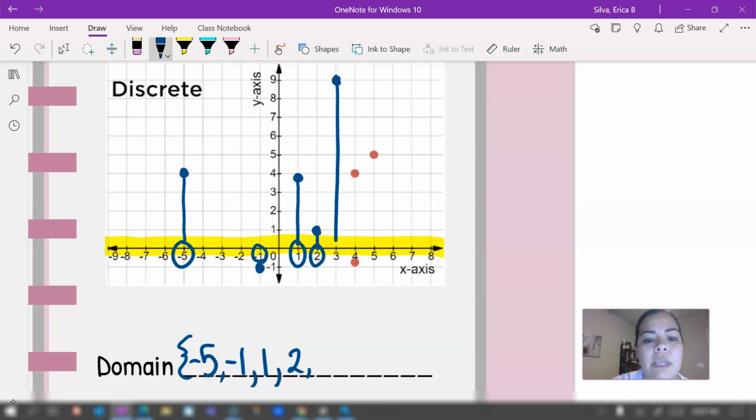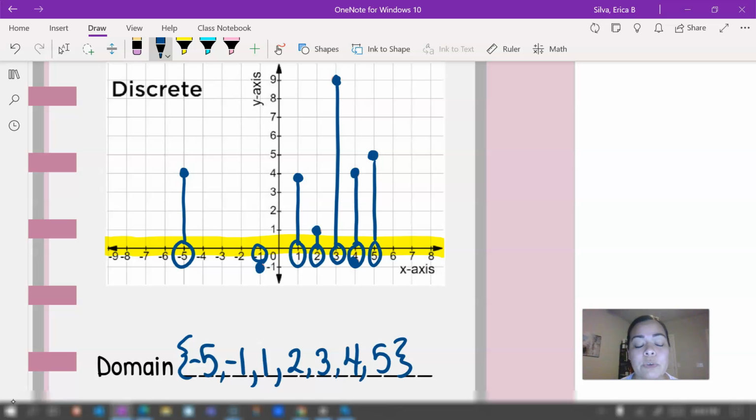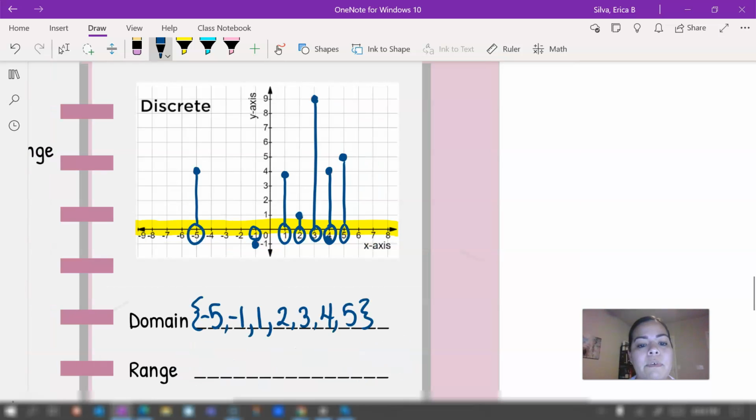This point has an x value of 3. These 2 points, notice how they both have an x value of 4. We're not going to write it twice when we're doing domain and range. We only write each number once. And then this point has an x value of 5. So the x values included in this relation graph are -5, -1, 1, 2, 3, 4, and 5.